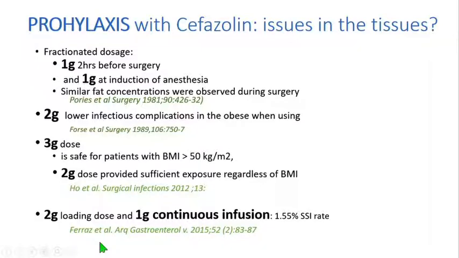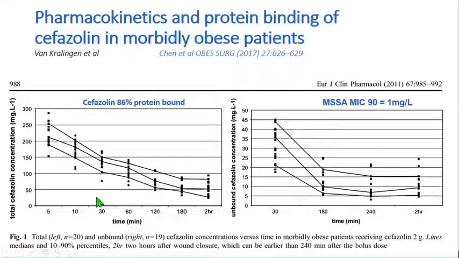There are some studies exploring the use of 3 grams in high BMI groups, but apparently it did not offer any extra protection against surgical site infections. 2 grams should be sufficient. And some recent publications advocate the use of a 2 gram loading dose and a continuous infusion of 1 gram of cefazolin during the procedures.